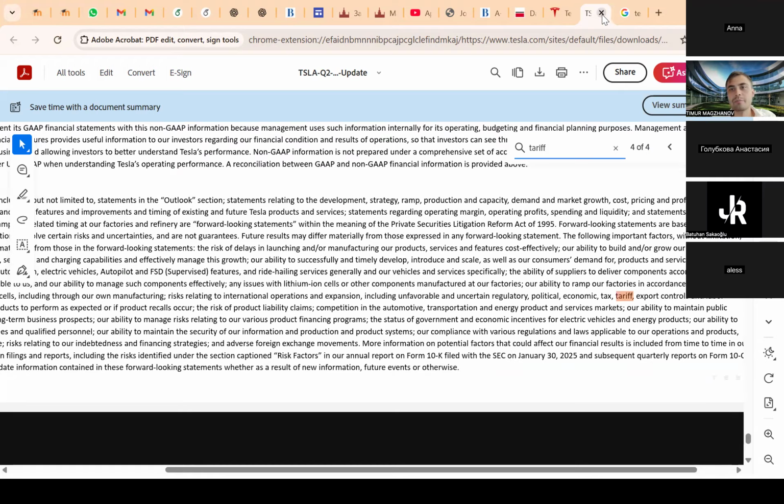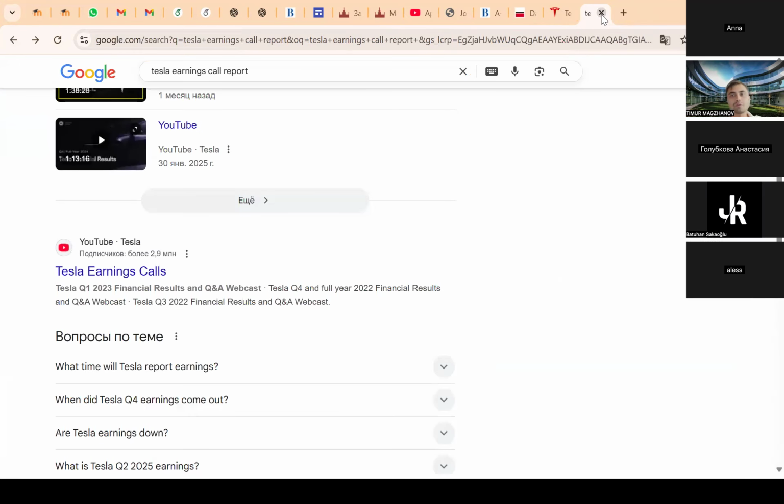So you can also analyze different risks and make a decision how this announcement will affect stock prices. If your final goal is to create a trading strategy, that's going to be your informational arbitrage.